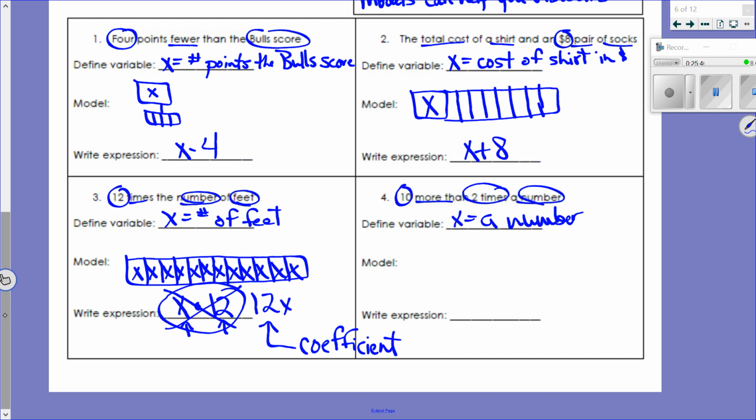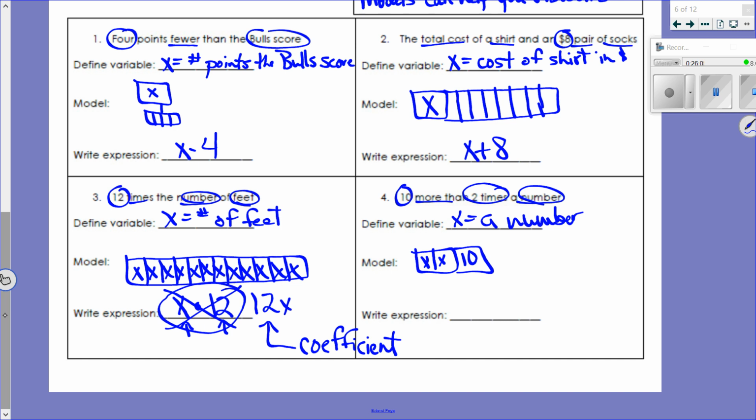So what? Just one? 2 X's in boxes? So I have 2 X's in boxes. And then what? 10. And now we're into double digits, so we can just use a box with a 10.